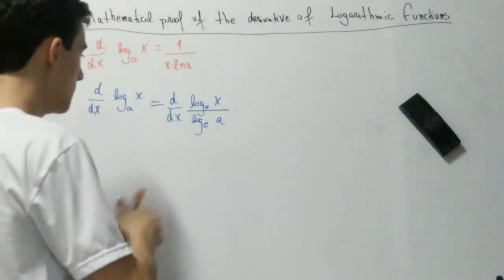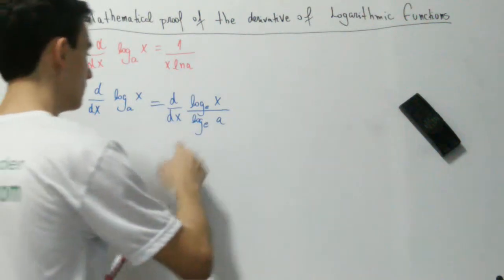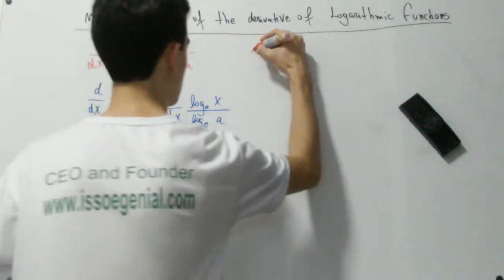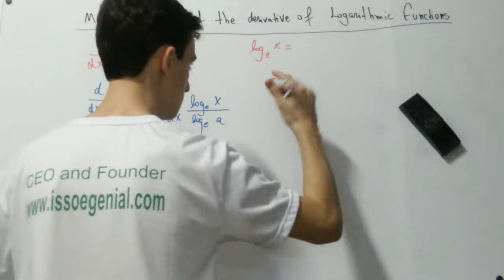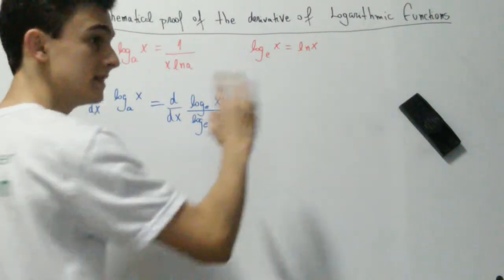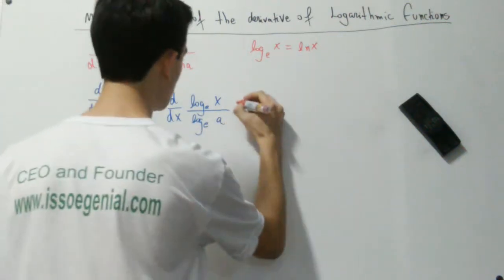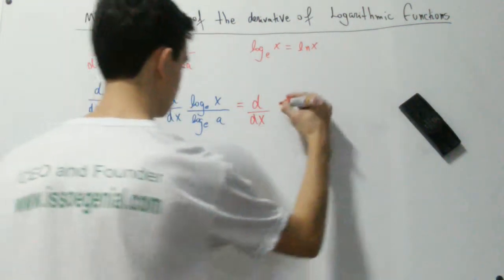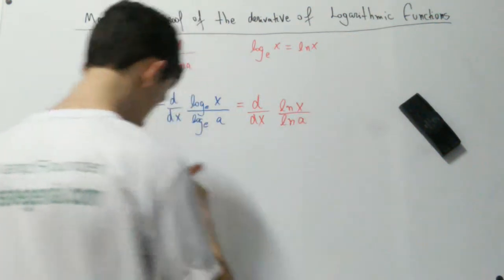So we changed the base, so it is the derivative with respect to x of natural log. If we have log base e of x, it's the same thing as natural log of x. If we say natural log, it's implicit that the base is e. So I can rewrite this as the derivative with respect to x of natural log of x over natural log of a.